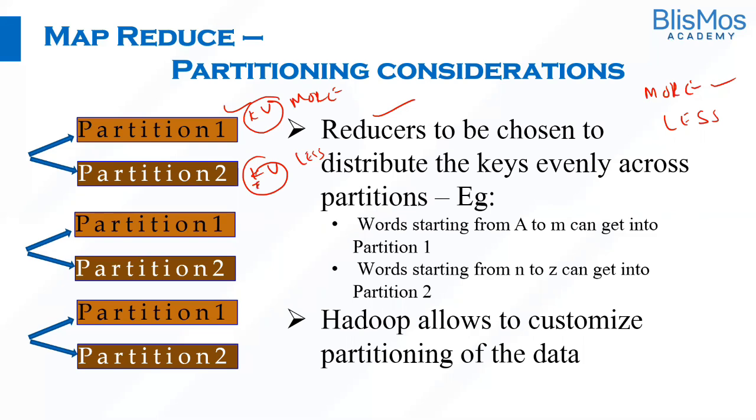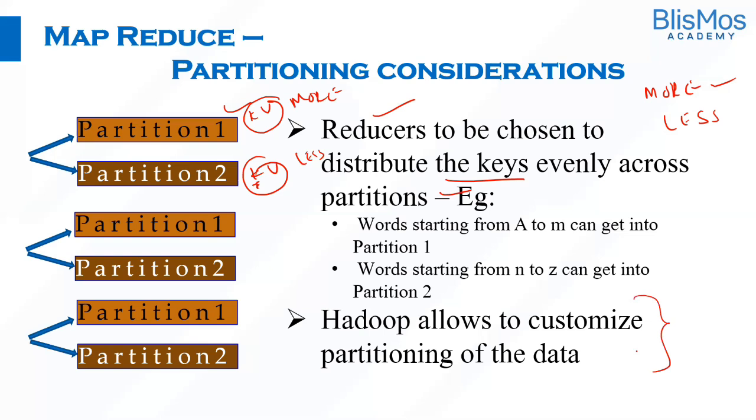There is no point in introducing a parallelism if there is an uneven distribution of work. Whenever you go for more than one reducer, then you should ensure that you are distributing the keys evenly across the partitions. Hadoop allows to customize the partitioning of the data.